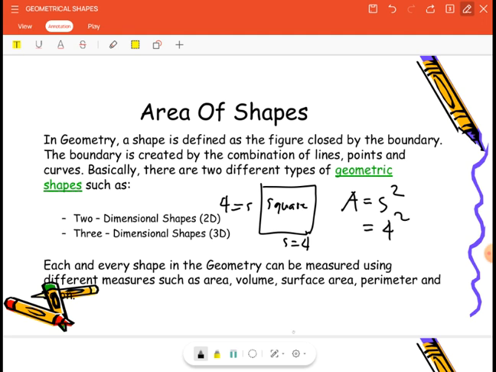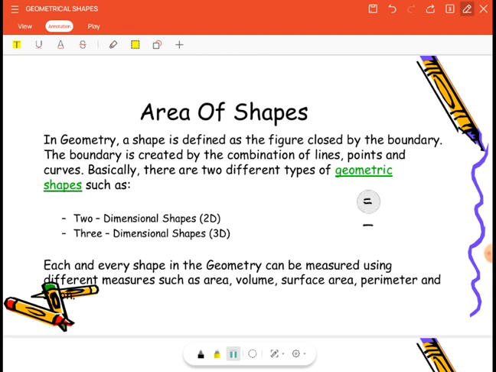Okay? So, kapag sinabi natin na 3D, aside doon sa kanyang side, nagiging cube siya. Kunyari, yung square, meron siyang depth. Ganyan. So, 3D siya. Imumultiply natin yung lalim ng shape na yon.